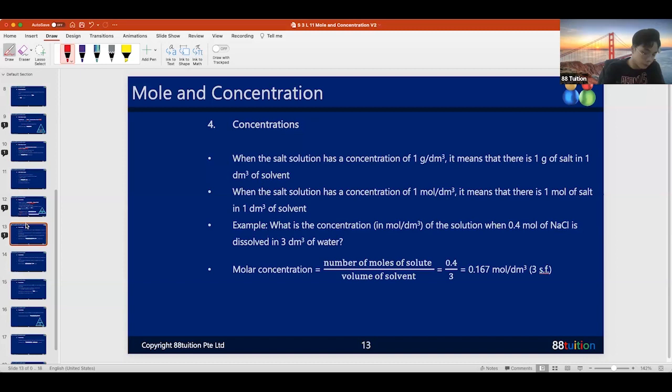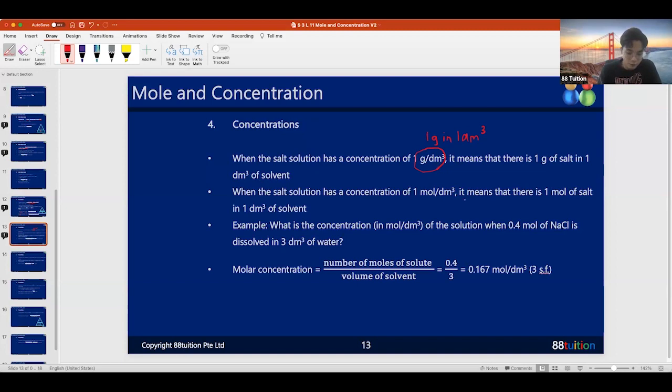So to give you an example, when a salt solution has a concentration of 1 gram per dm cubed, what does this mean? This means that in that solution, 1 gram of salt is dissolved in 1 dm cubed of solvent. Okay, that's the easy way to put it.